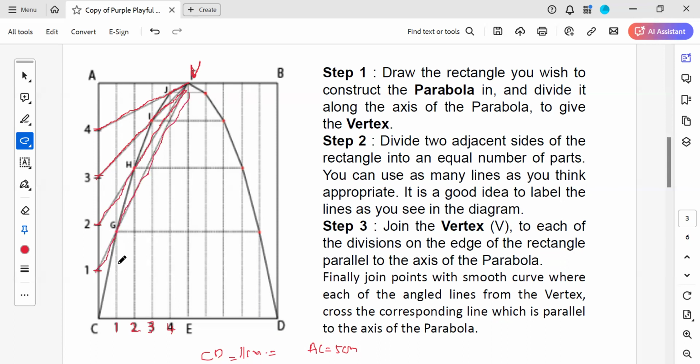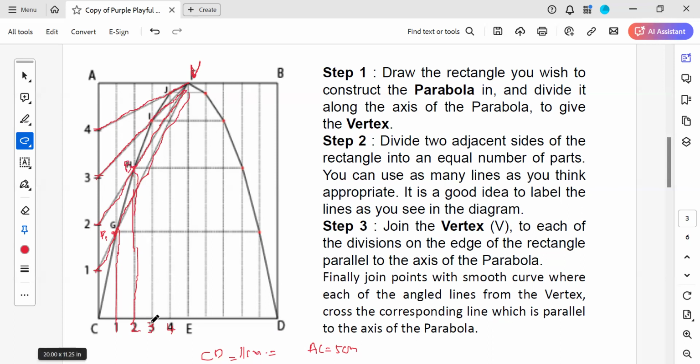Now from point one you draw a vertical line where it meets the first inclined line; that is called the first parabola point. From the second division you draw a vertical line where it meets the second inclined line with the vertex; that is called the second parabola point.